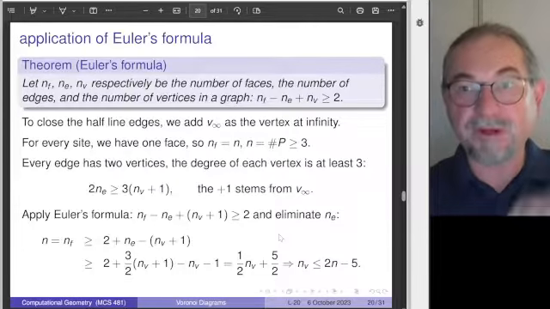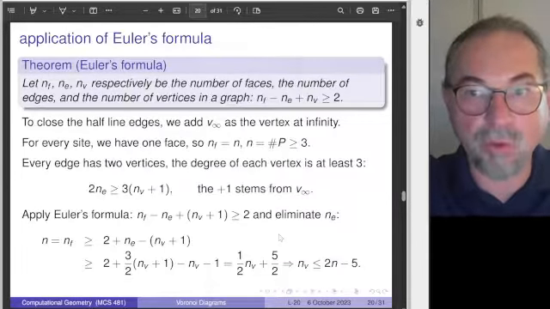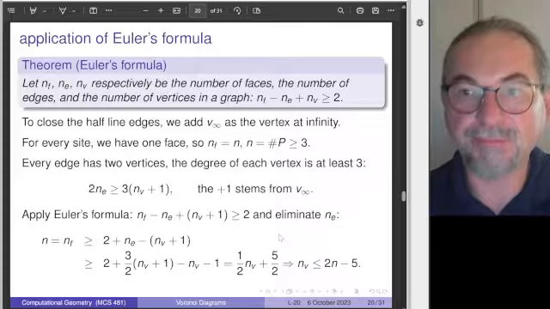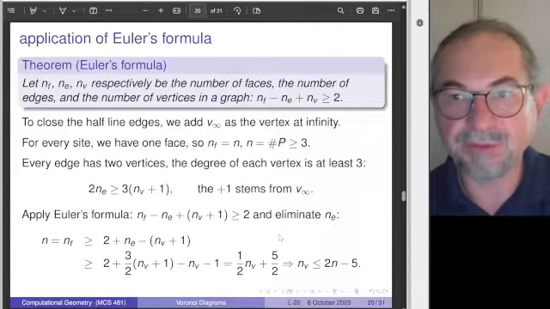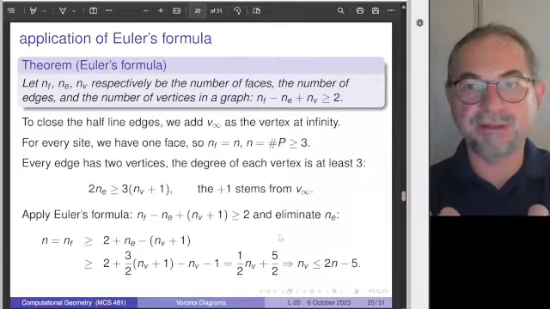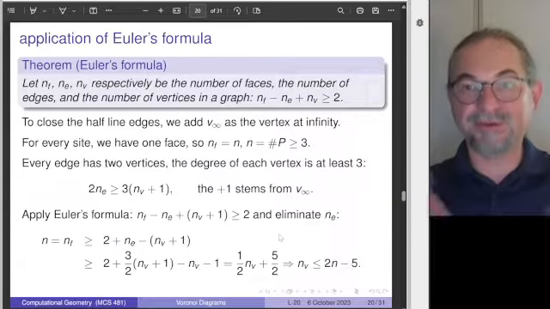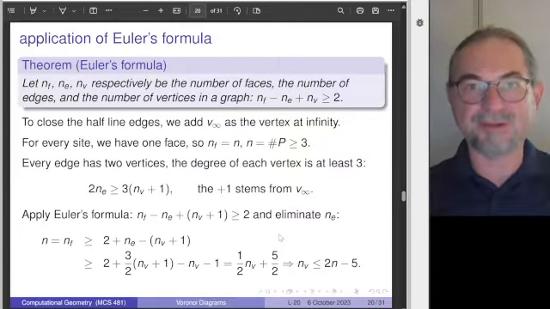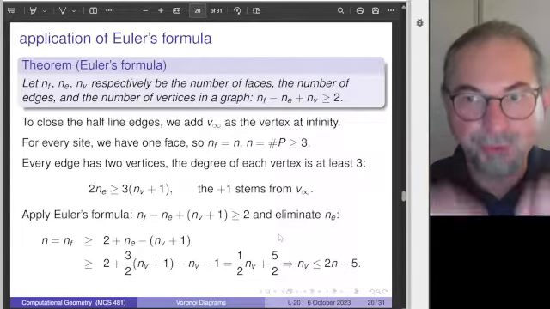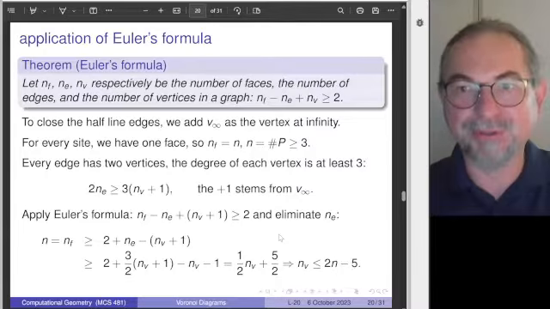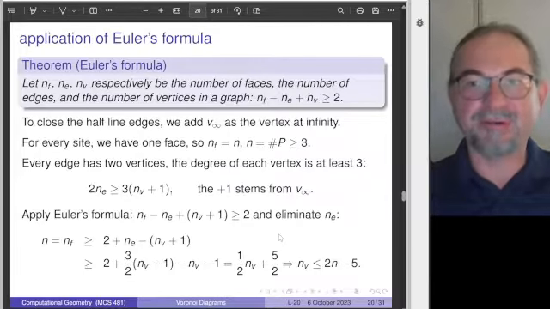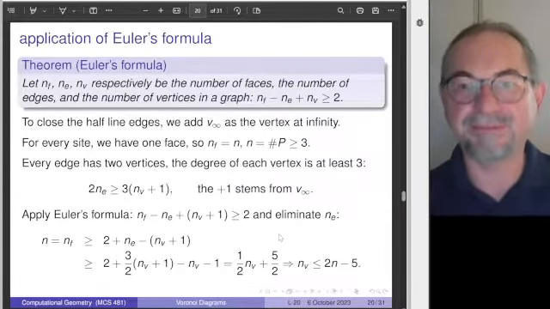All the half-lines that go off to infinity all connect to the same point at infinity. You can imagine that if we are living on a ball on planet Earth, and you build a tunnel straight through the Earth, then you come out there, and that's your point at infinity.